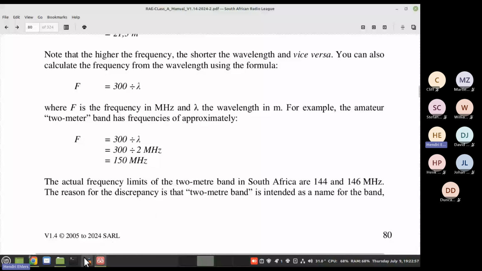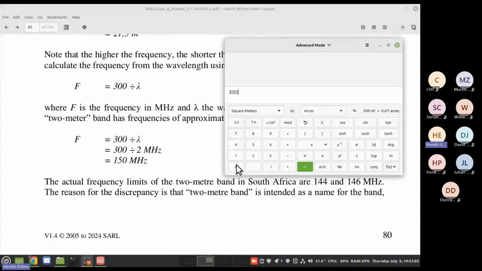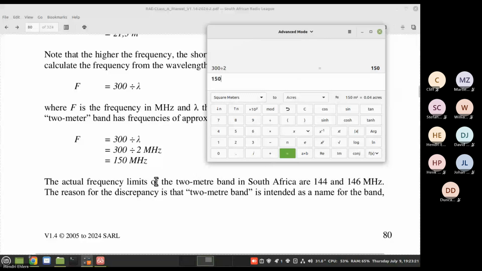What they want us to do there is calculate the frequency for 2 meters. So we divide 300 by 2, and that gives us 150 megahertz. That is indeed correct. Then they say the frequency limits are 144 to 146, but we describe it as the 2 meter band.